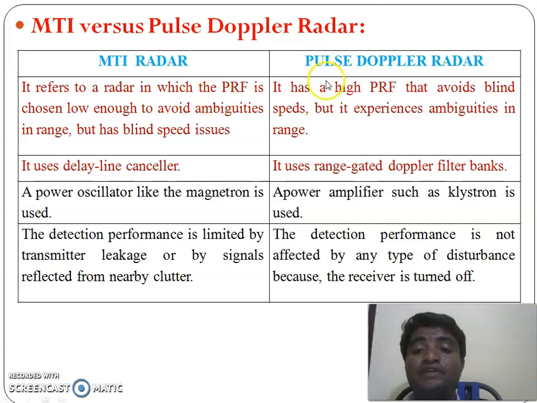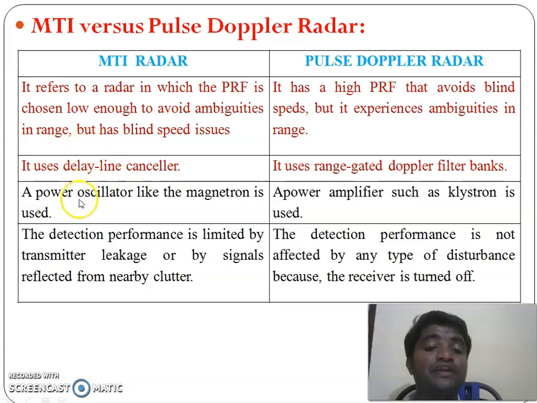But Pulse Doppler radar has a high pulse repetition frequency that avoids blind speeds but experiences ambiguities in range. MTI radar uses delay line cancellers, but Pulse Doppler radar uses range gated Doppler filters.